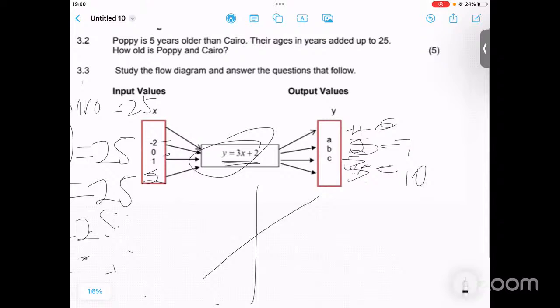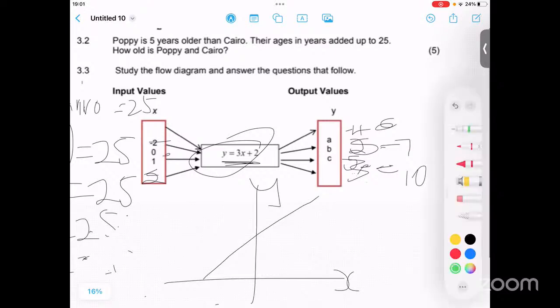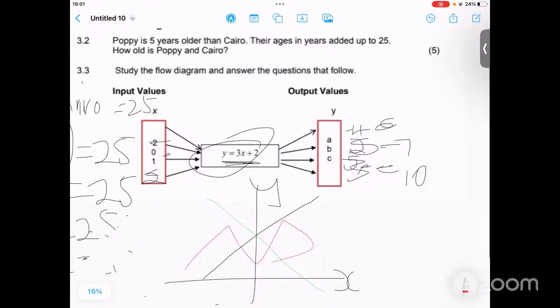Let's say this is y, and this is our x. And if there was a negative relation, that means it was going to go down. And if there was no relation, it's just a messy thing, right?